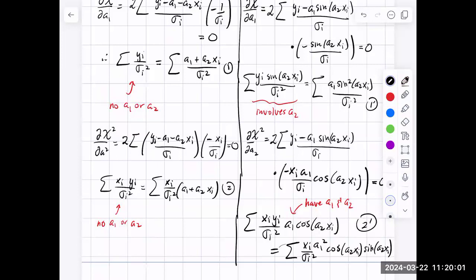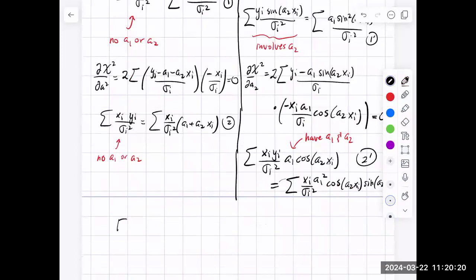What we were able to do with the linear fits is express equations 1 and 2 as a matrix equation. And that made life easy.